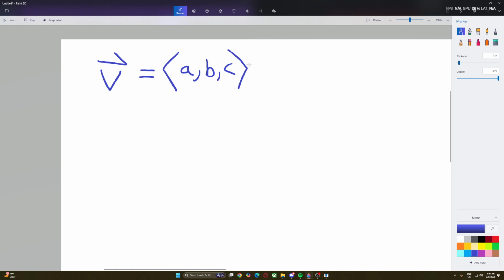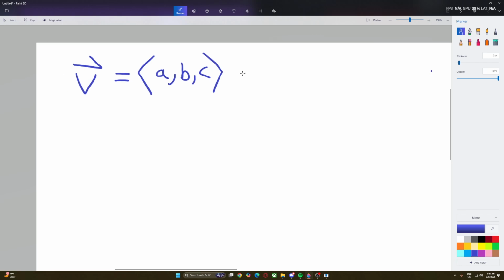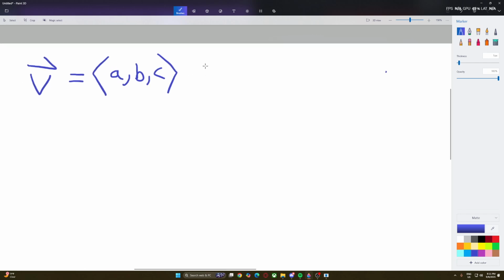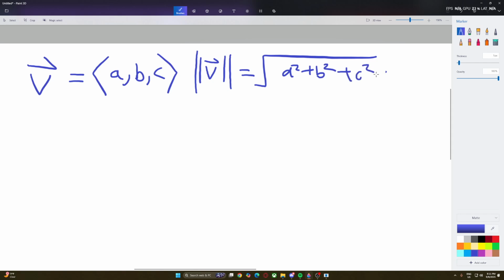And we define its magnitude, or its distance from the initial point to the terminal point, as this absolute value sign, or a double one, just to make sure. And that's equal to the square root of a squared plus b squared plus c squared.